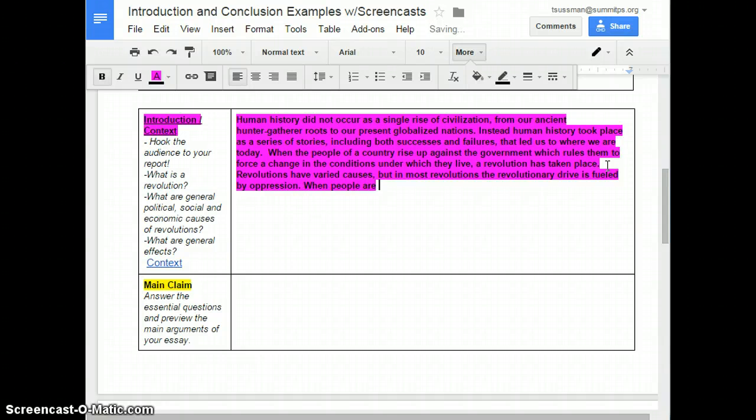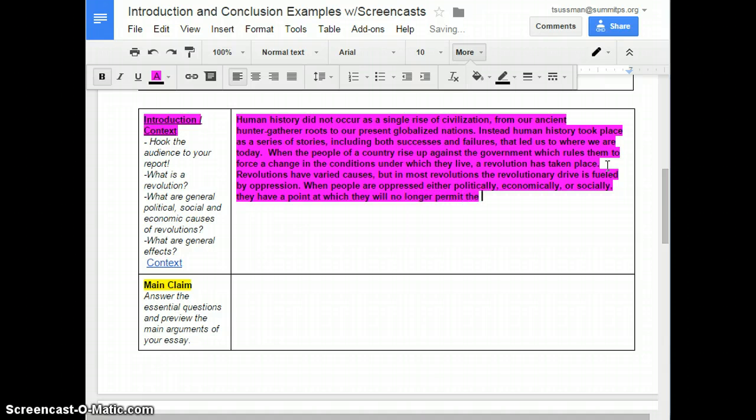When people are oppressed, either politically, economically, or socially, they have a point at which they will no longer permit the abuse. When people reach this point, the reaction is revolution against the government. Period.